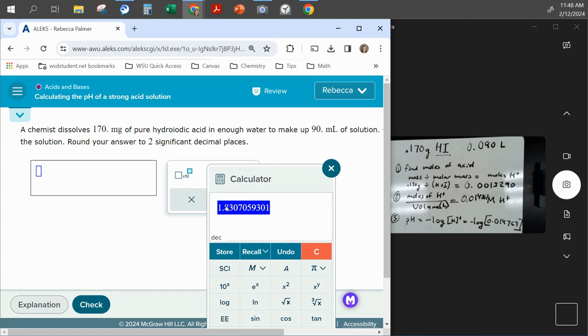So I'm going to do 1.83. That's 2 significant decimal places. That's a new rule for sig figs with the log. Keep as many decimal places as your least sig fig that you use. This is not going to tell you that on the test, so you need to remember that new rule for sig figs.